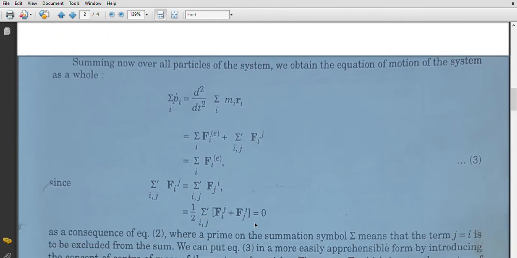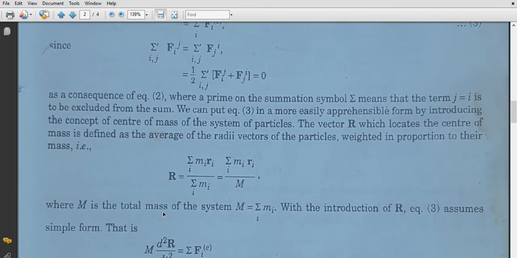Now I am using the definition of center of mass. Center of mass is defined as the average of the radius vectors of particles, weighted in proportion to their masses. That is, capital R is equal to summation mi ri upon summation mi.